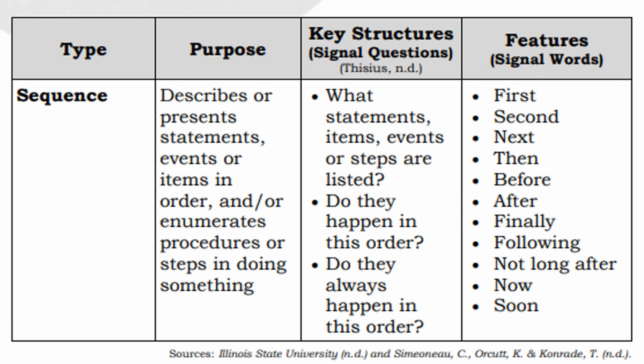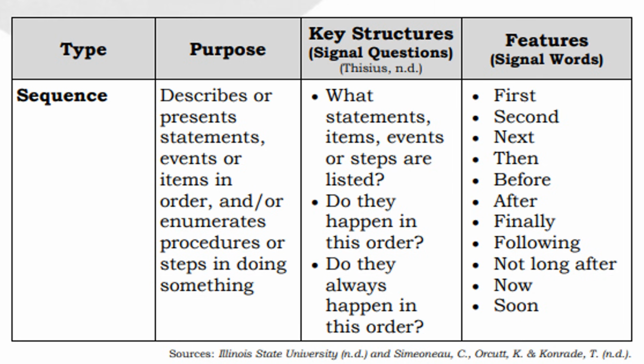Let's start with the first type, which is the sequence. The purpose is to describe or present statements, events, or items in order, and or enumerate procedures or steps in doing something. The key structures or the signal questions are: what statements, items, events, or steps are listed?